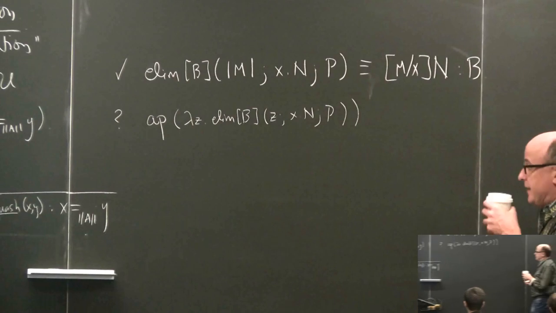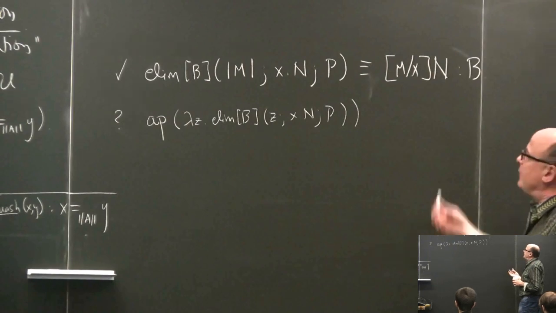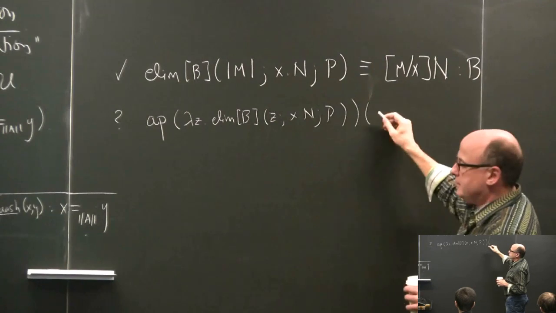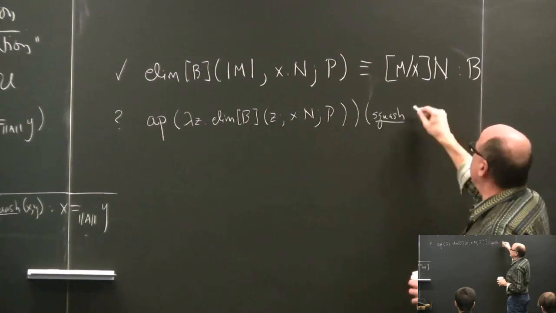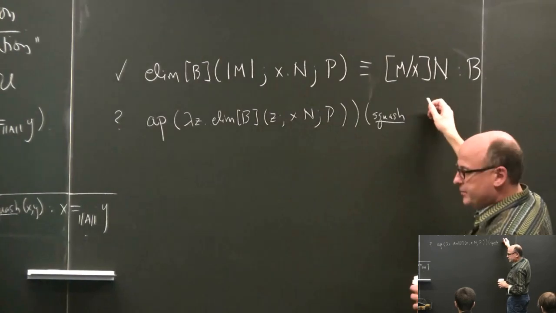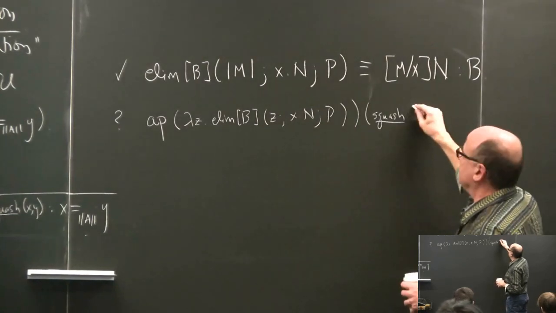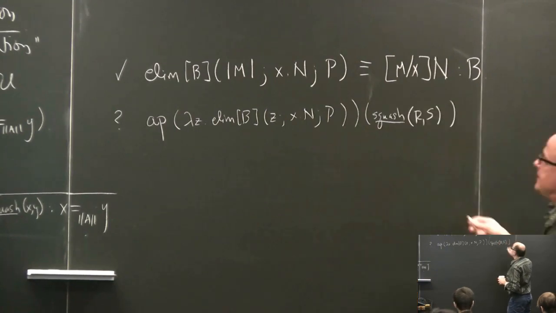So I want to think of that as a function of that position and apply it to a path. And what that is saying is I would like this to be, if applied to squash of, let's say, what should I do here? P is prop, so let's just write it as, I need names for the endpoints, R and S, I don't know, squash of R and S.